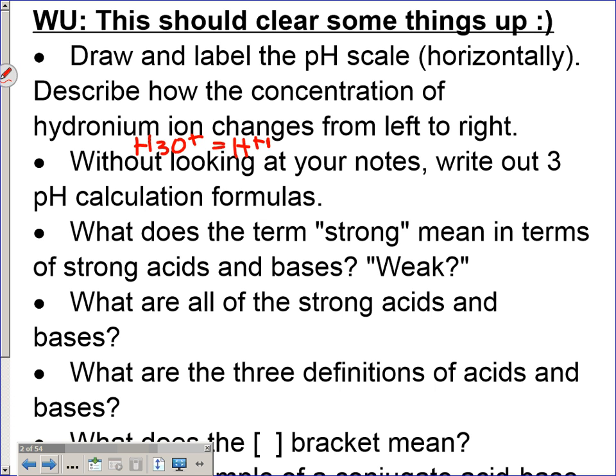So basically, hydronium is a hydrogen ion attached to a water. And this together, we still call acidic because it still has that excess of the hydrogen ion for itself.